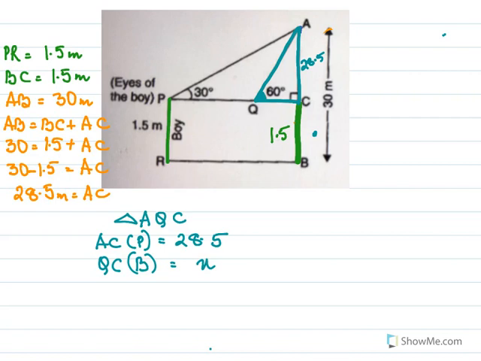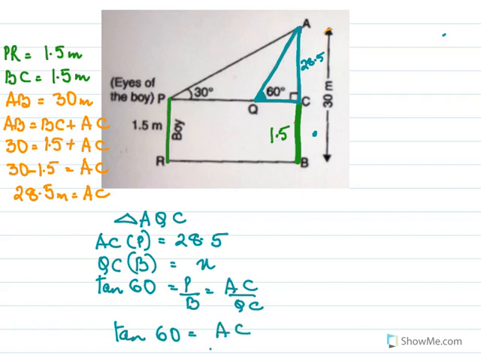We don't know it, we will put it as X. The angle is 60, so since it's perpendicular and base, we start with tan 60. Tan 60 is perpendicular over base, which is AC over QC. So tan 60 equals AC over QC.